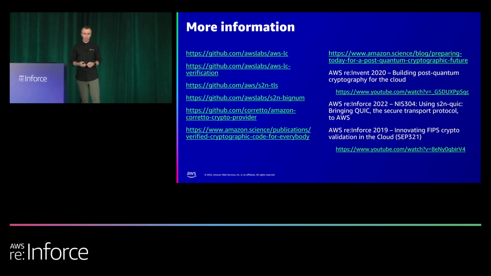My coworkers also just published a blog post, Preparing Today for a Post-Quantum Cryptographic Future, that goes into more depth on the recent NIST announcements and how AWS-LC is adopting post-quantum cryptography. And if you're really passionate about post-quantum cryptography, we have some re:Invent talks that cover that and more talks on FIPS in the cloud.